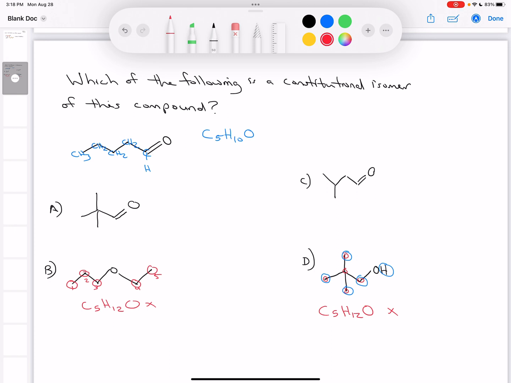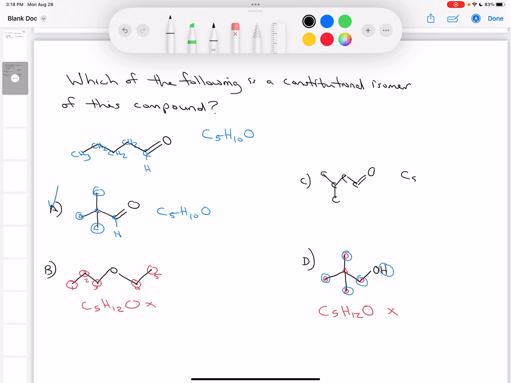So that brings us to A and C. Now, if we look at A, we see that A has a total of 5 carbons. As far as hydrogen goes, 1, 2, 3, 4, 5, 6, 7, 8, 9, 10. So C5H10O. So this one is a constitutional isomer. And then if we look at C, it's got a total of 5 carbons.